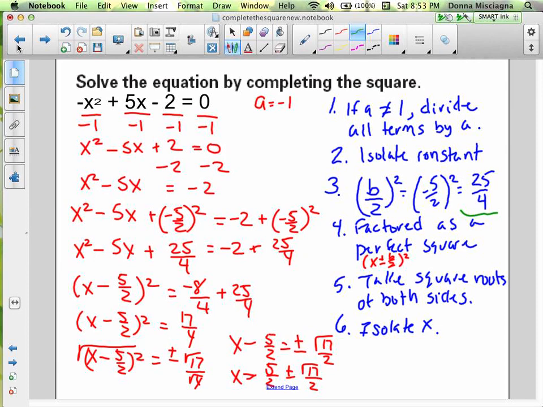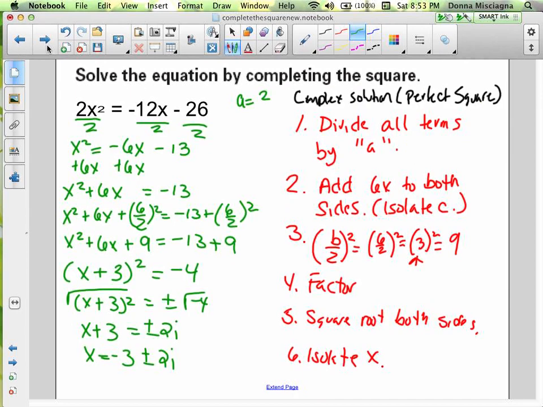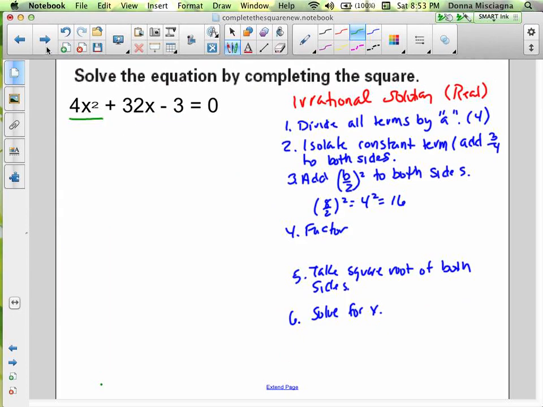It was irrational because we have a radical there, but it is real. Now on the second one, we had a complex solution. We had an i, but it was a perfect square. On this one, we're going to have an irrational solution. It'll be real, but it'll be irrational. So we're going to divide everything by 4 because a is equal to 4.